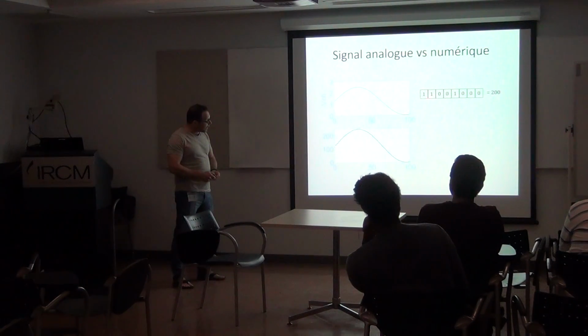And every one of those is a bit. Here it's only a 1 or a 0, and here it would be 1, 2, 3, 4, 5, 6, 7, 8 bit converter. Okay, so I get 8 bit for one value.